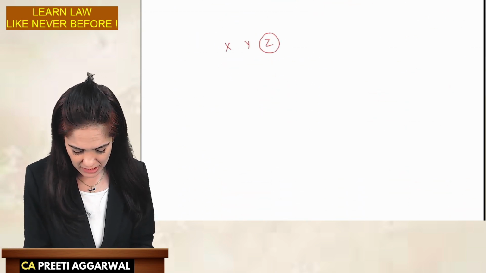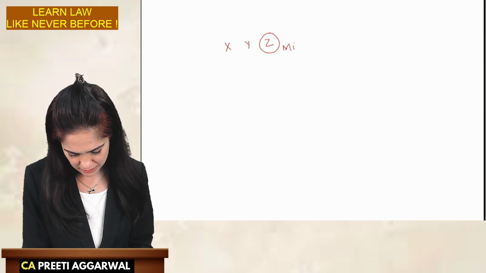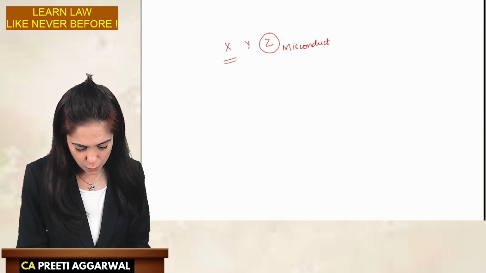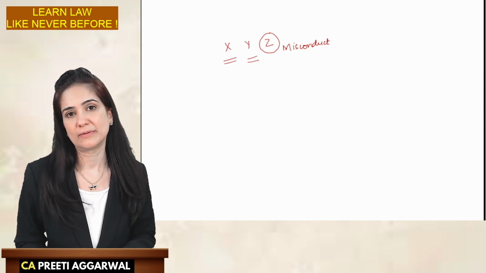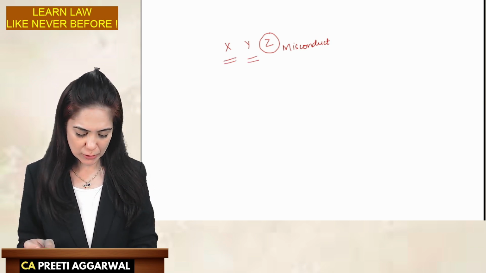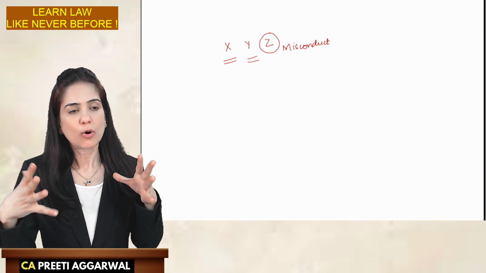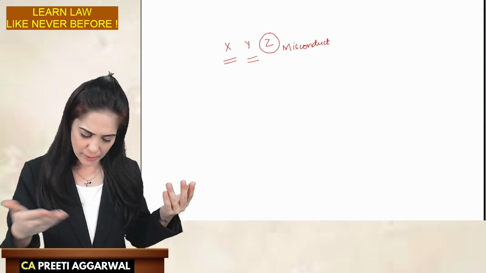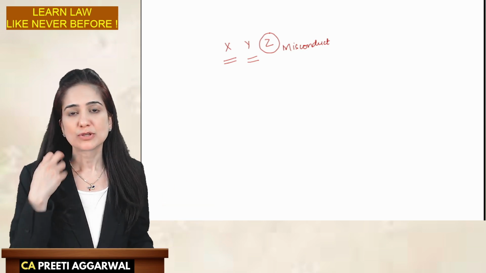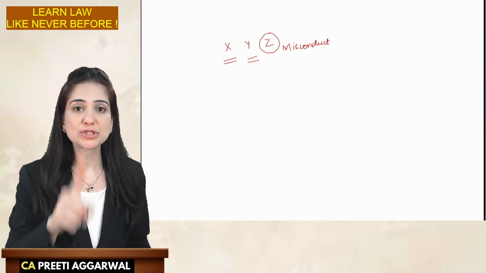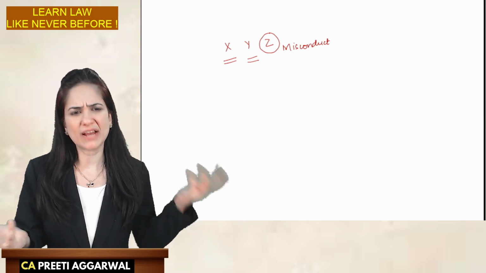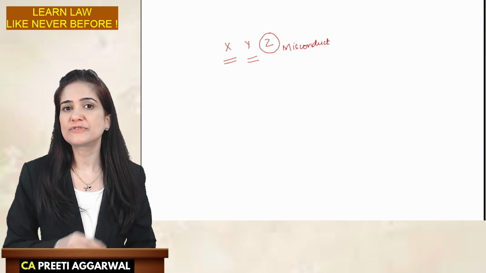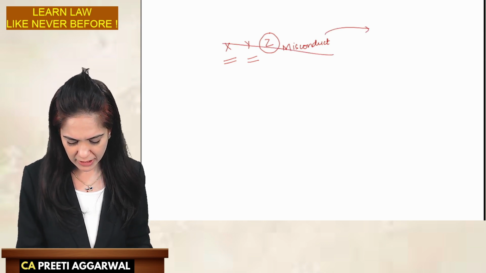If X is accused of some misconduct, then Y and Z are also liable. Let's say the misconduct holds him liable for 1 crore rupees of penalty. If he is not able to pay, other partners will be liable. So that would happen in case of traditional partnership. Why should we bear the liability of somebody else's misconduct? That is why you will see that many of these audit firms have now converted into LLP.